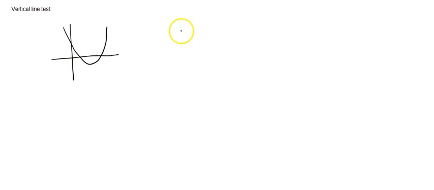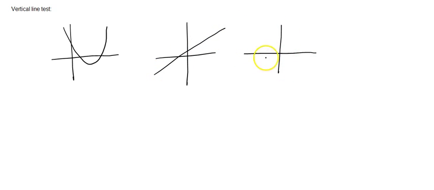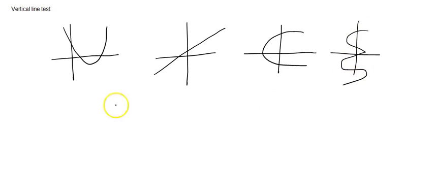There is one curve like this, one curve over here like this, then one curve like this, then one curve like this, and maybe we can take a cubic function like this.